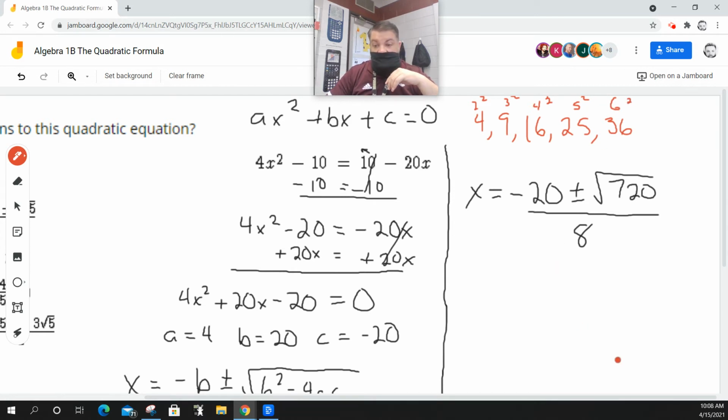Now, one thing that we could do is do the prime factorization, but let's just see. If I don't pick a big enough number, right, I can continue to reduce it. I can continue to simplify it. So let's do 36. 36 goes into 720 20 times, right? I think 36 times 20 equals 720.